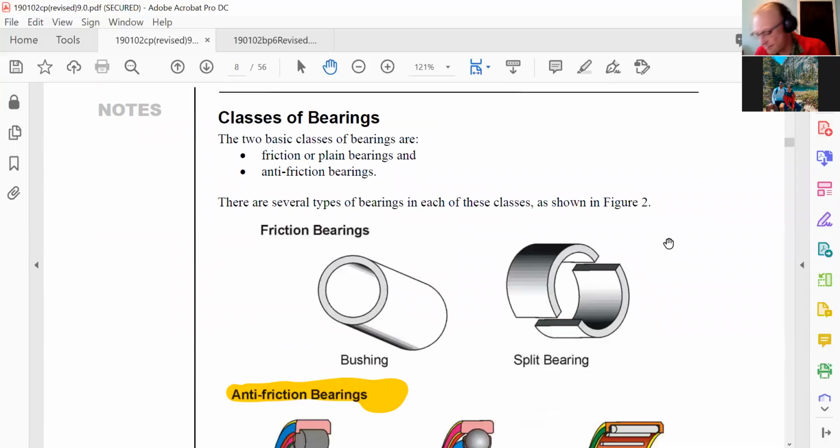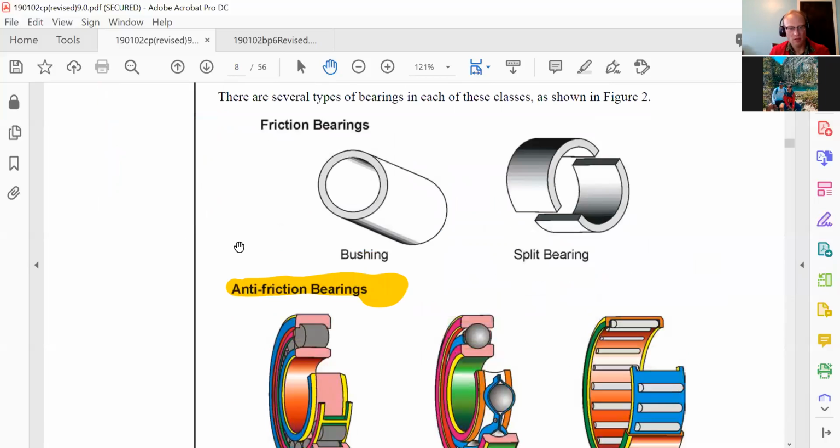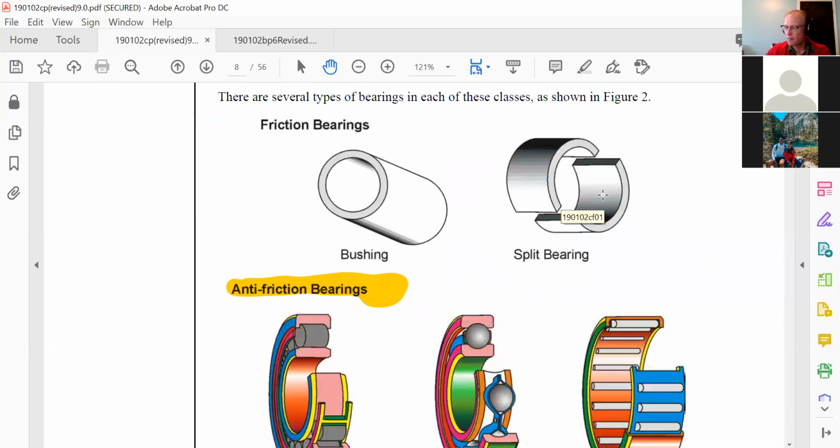I said there are two main types of bearings. Friction bearings include a bushing, or a split bearing. Where do you see something like this? Has anyone ever seen a split bearing? Main bearings in the crank. Yeah, main bearings and connecting rod bearings inside of your engine. And I bet everybody's seen a bushing type of bearing before.